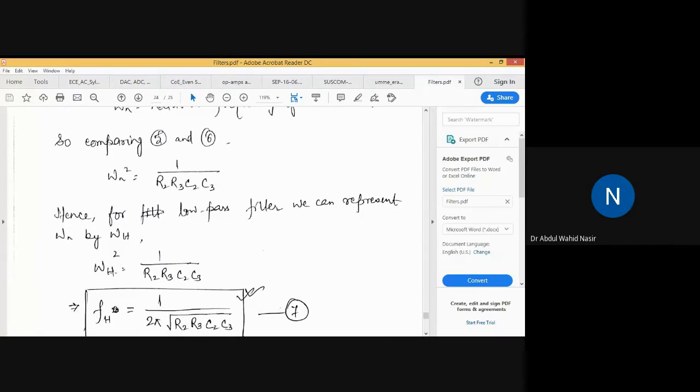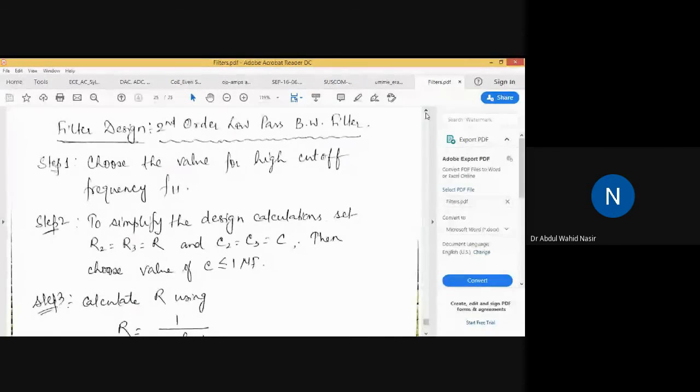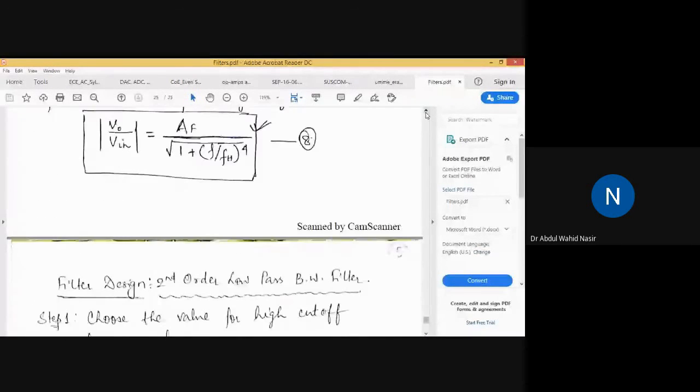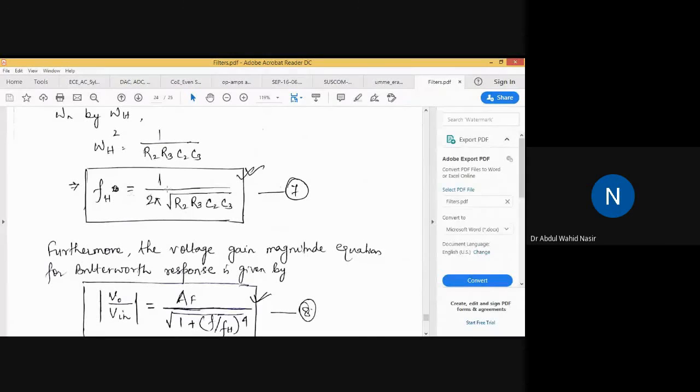So we can write omega h square is equal to 1 by R2, R3, C2, C3, or omega h as 2 pi fh. If you solve this equation, we get fh is equal to 1 by 2 pi root under R2, R3, C2, and C3. So this is the value of cutoff frequency in the second order low pass Butterworth filter.